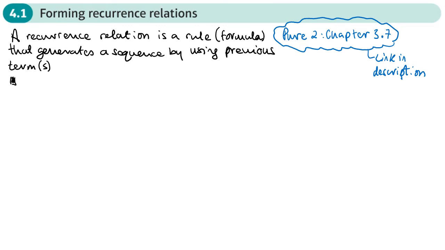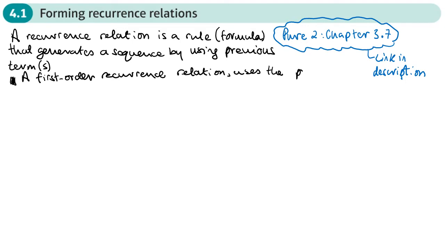So let's say we get a recurrence relation that generates a sequence and all we need is the last term. That's what we call a first order recurrence relation. So a first order recurrence relation uses the previous term to generate the next term.